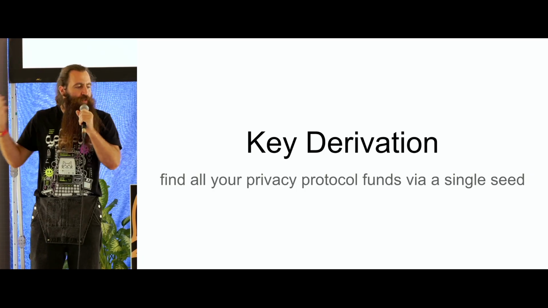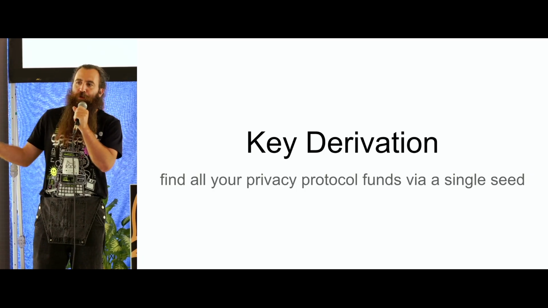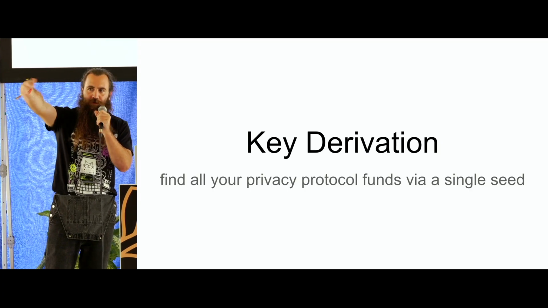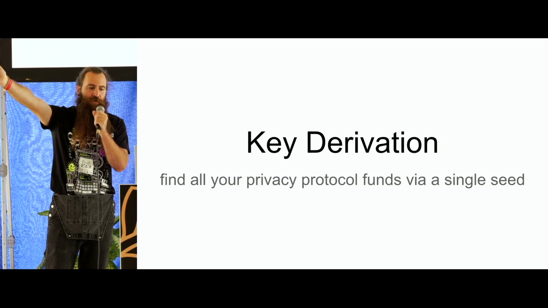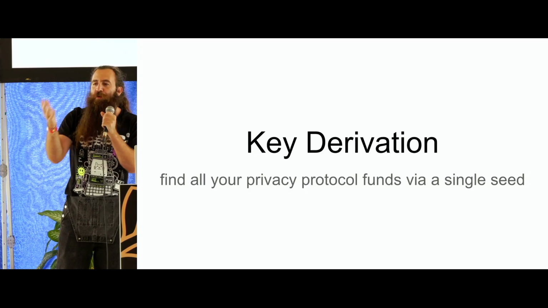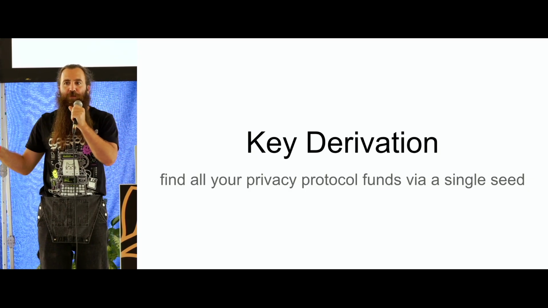We want to also have standards for these different privacy protocols so that you can find all the funds that you have in privacy protocols. You can find all your notes or UTXOs, all the secret material that you need for those, also derived from that single seed that you use for your public accounts.